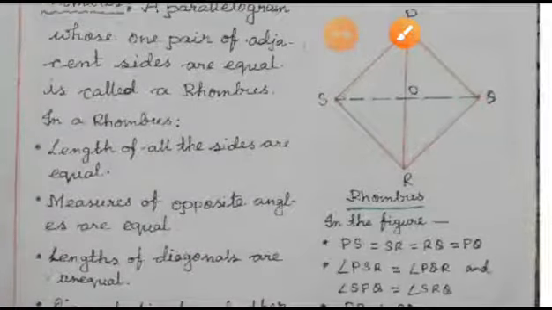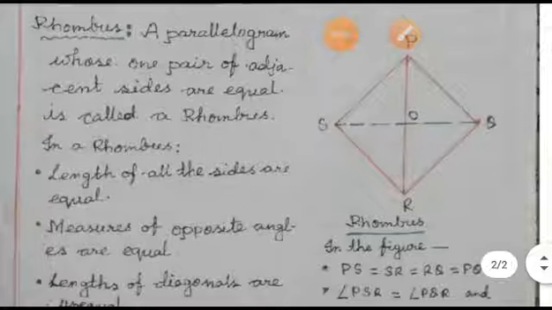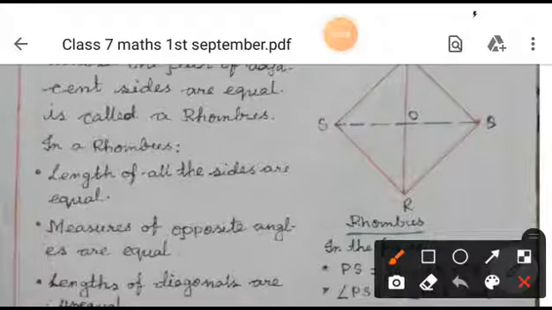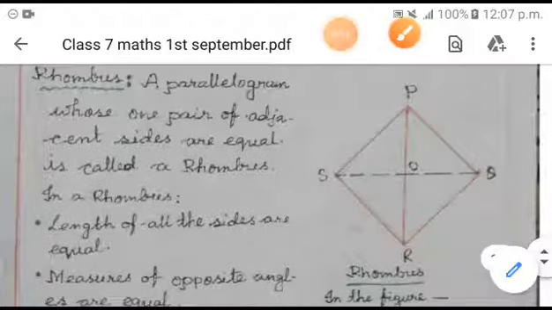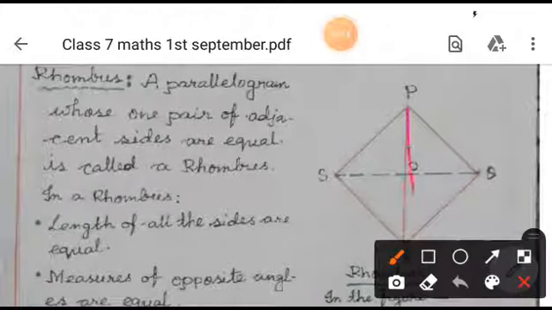Next, the lengths of the diagonals are unequal. So in a rhombus the lengths of the diagonals will be unequal. That means the diagonals we find over here are PR and QS.